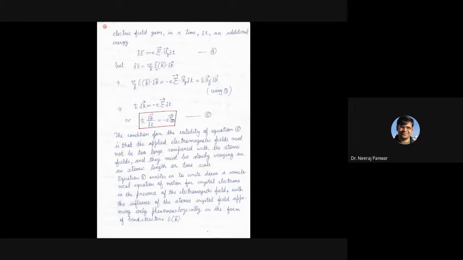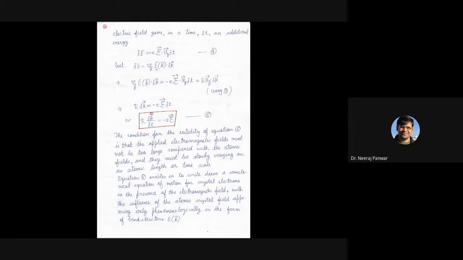We considered the electron to be a quantum particle, and the equation of motion we are getting from here is nothing but the rate of change of momentum is equal to the applied force. That is nothing but classical Newton's law of motion. So that's why it is a semi-classical picture.